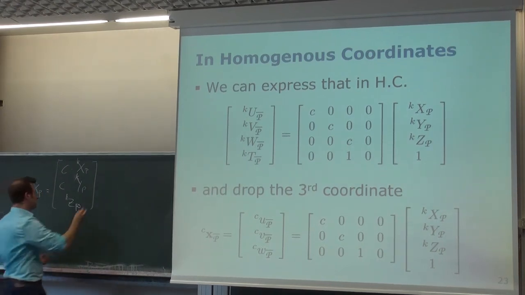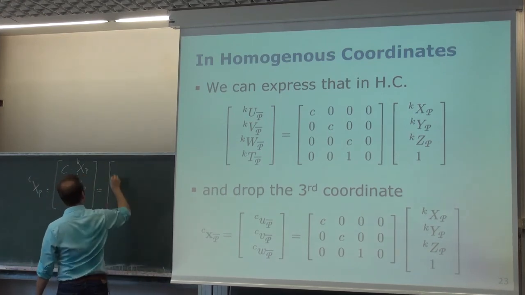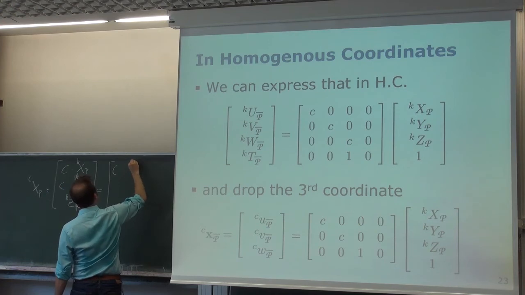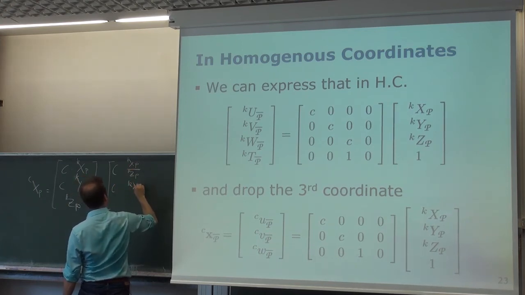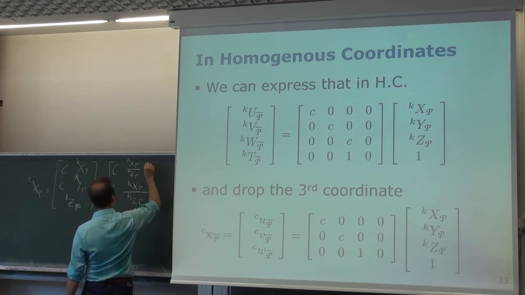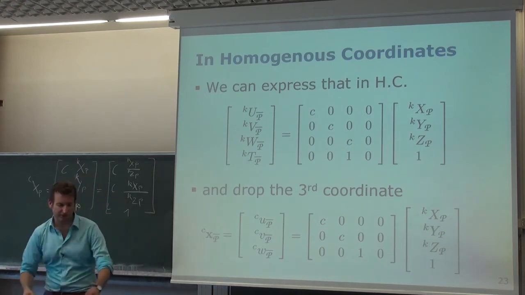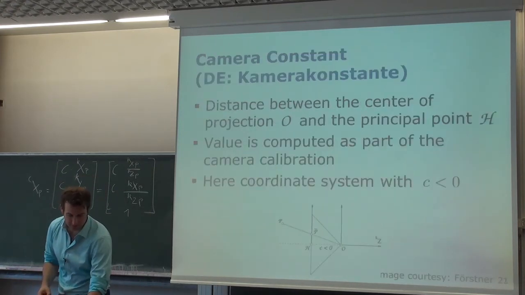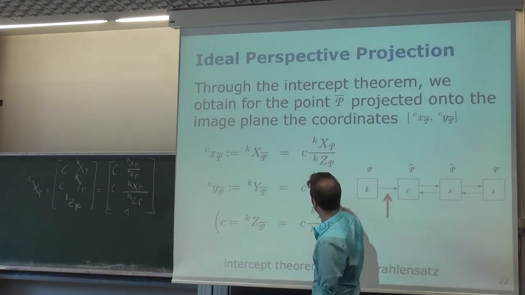If I now normalize this vector, because in a homogeneous vector I divide by the last component, what I get is C x_k^p divided by z_k^p, C y_k^p divided by z_k^p, and 1. And this is, if we go back, exactly the result that I have over here.